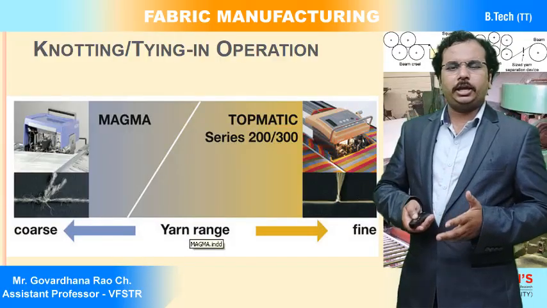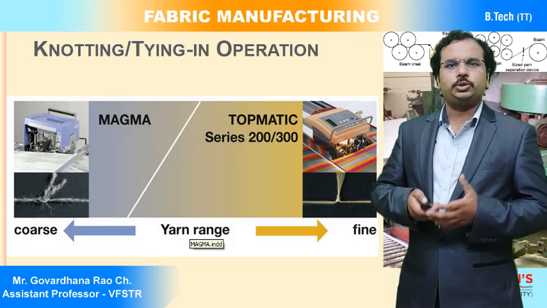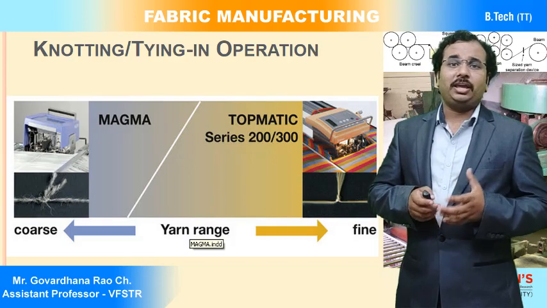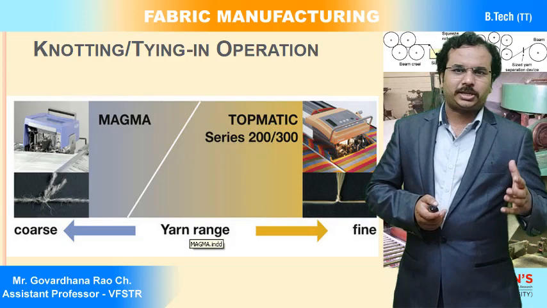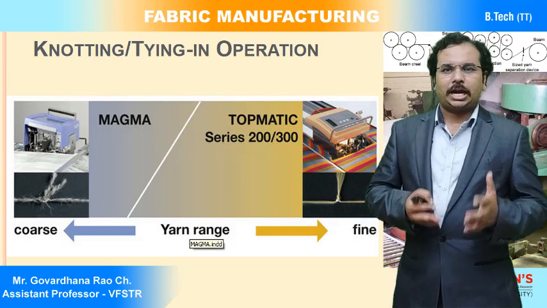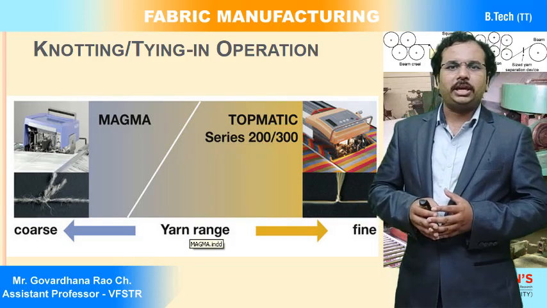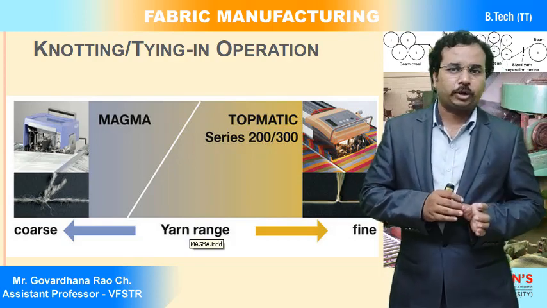As I told earlier, the drawing-in and denting process is done for a new quality or a new style. For example, if a new style of fabric is starting in the weaving process, then we go for the drawing-in and denting process.